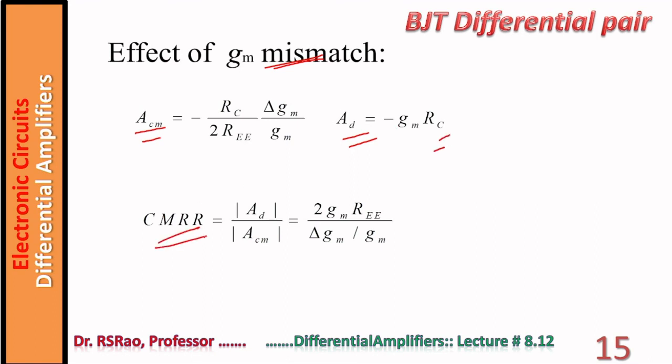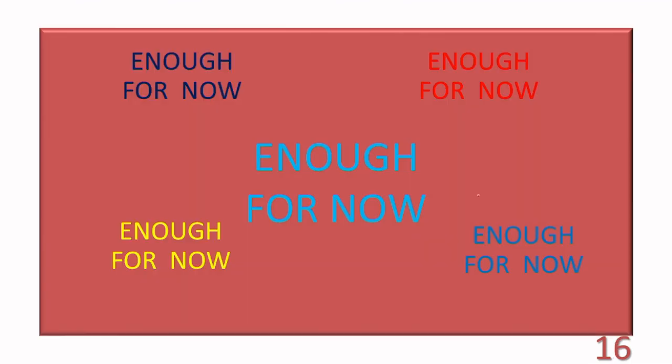So CMRR becomes 2 GM REE by delta GM by GM. Here also one can notice when transistors are identical, exactly the same, then delta GM becomes 0, CMRR tends to be infinity. With this we come to the end of this session.